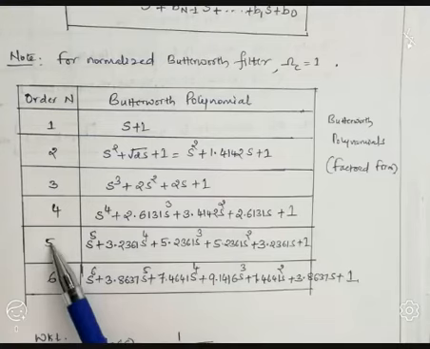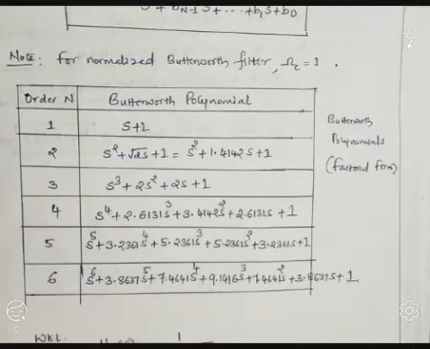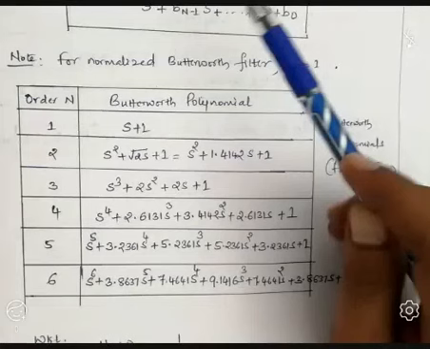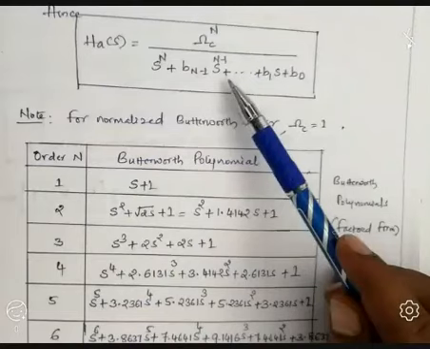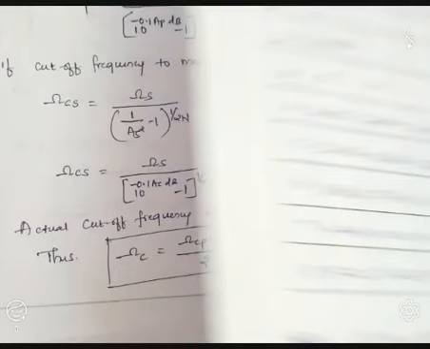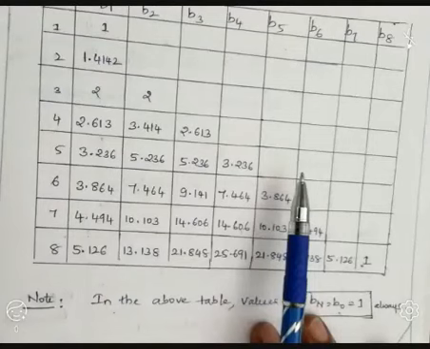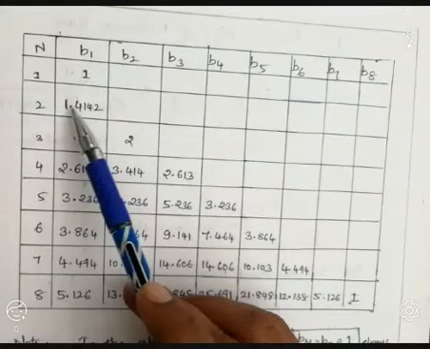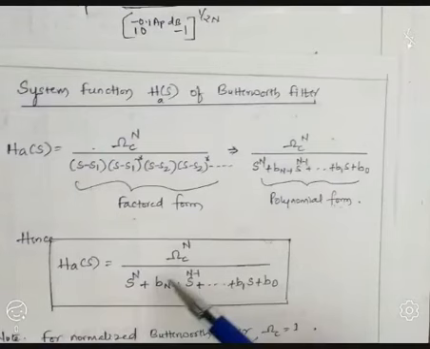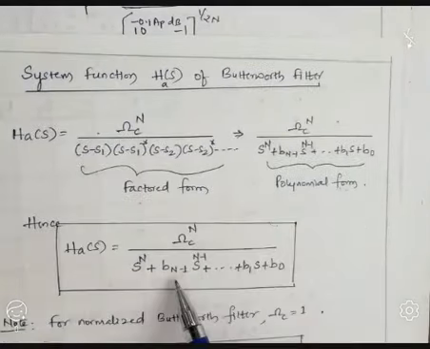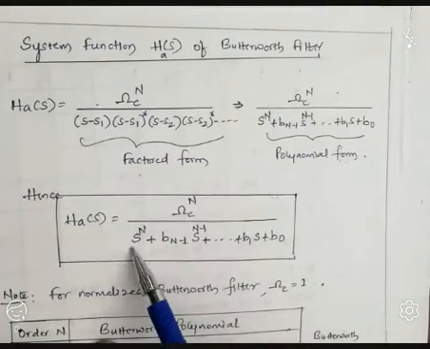Okay, and coming to the table for polynomial form, for that also one table is there. It is the very easiest table. See here, if the order of the filter is 1, then of course only 1. I am talking about these values as per this equation.